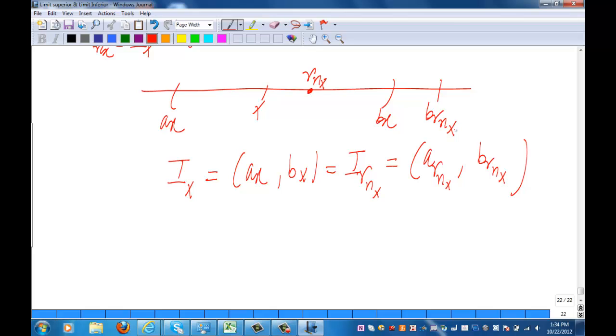The reason is, remember, for each x, we picked ax to bx to be the largest interval inside of A containing x. So if b_Rnx was bigger, then I could have extended that to ax to b_Rnx. In the same way, b_Rnx cannot be less than bx, because if b_Rnx is right in here, then this is the largest interval which contains Rnx, but then you have this bx bigger than that, so now you have a bigger interval containing Rnx.